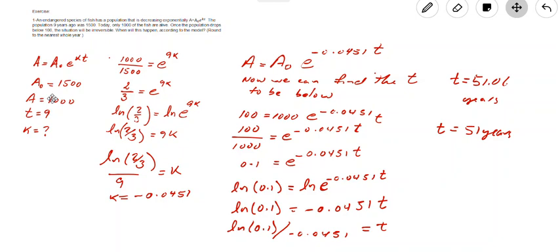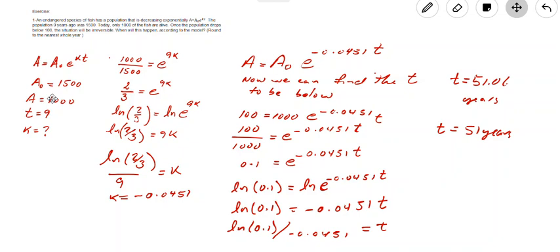So with all this information, we can find the constant k, right? As there is a decay here because it's decreasing exponentially, we're expecting to have a value of k that would be negative, right? Because it's decreasing.